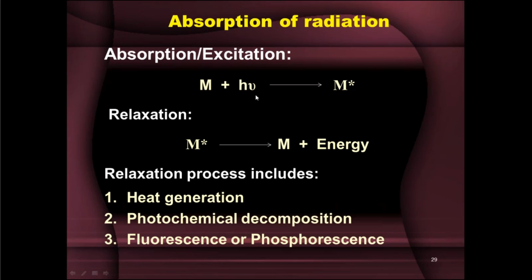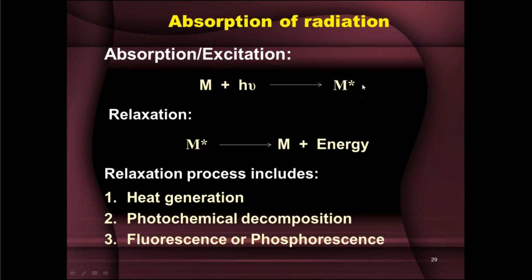If you remember, E is equal to h nu, where h is Planck's constant, nu is the frequency of radiation, and E is the energy of the photon in the electromagnetic beam. So when photons are absorbed by the molecule, the molecule undergoes a change and it is represented as M star. M star is the molecule now in the excited state.